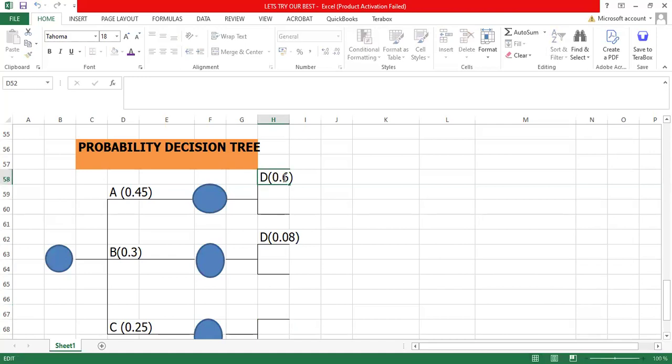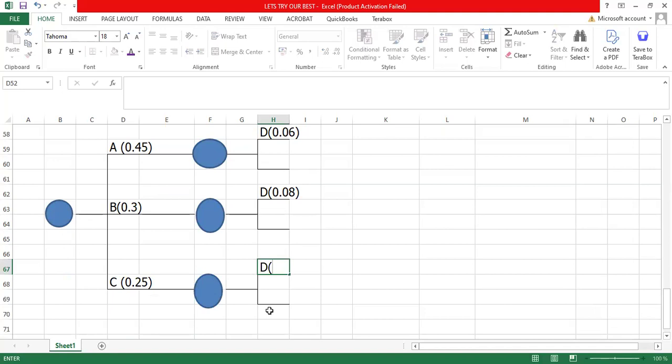Okay, let me change this. This is 0.06. Then this one defective is 0.12. So it means that the remaining percentage is that of not defective.